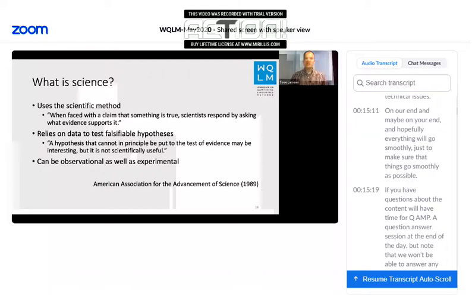However, that does not mean that observational data or the observational approach to research is not scientific. If that were the case, then astronomy would not be science.